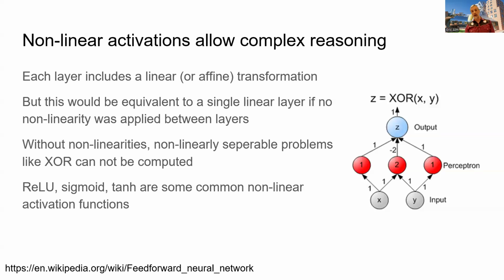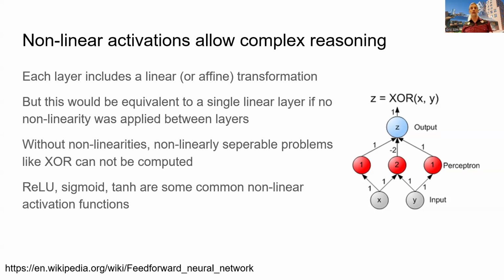Okay. So if I want to have more information stored in that network, and I want to be able to answer more complicated problems, then I need to do something else. I need a nonlinearity. And so what type of problems does that let me answer? Well, for example, if I wanted to encode a function like exclusive OR of x and y: if x is true and y is false, it's true, or vice versa.